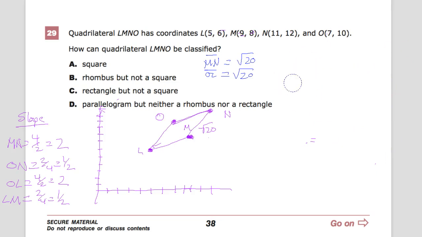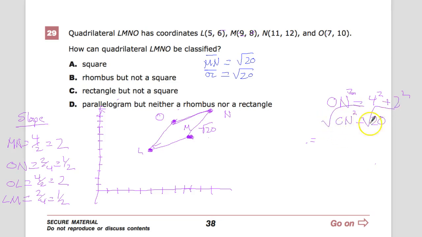For ON, again, having these pieces is nice. It gives me from O to N on the x-axis, it would be 4 squared, plus, and then to go from here to here would be my y's, and that would be 10 to 12, so 2 squared. So again, ON squared is equal to 20.